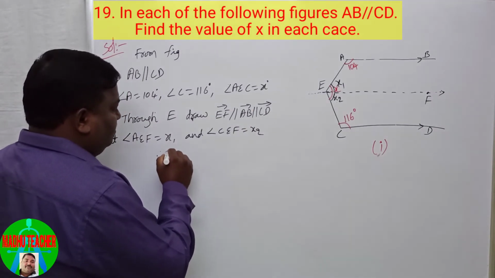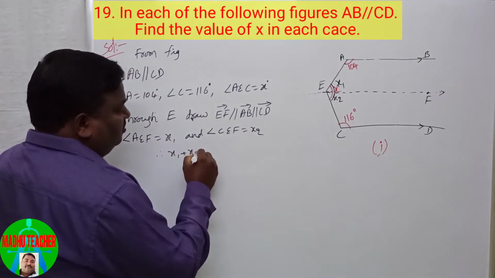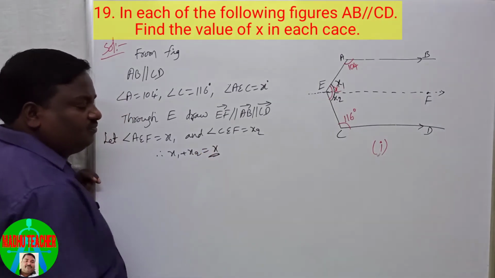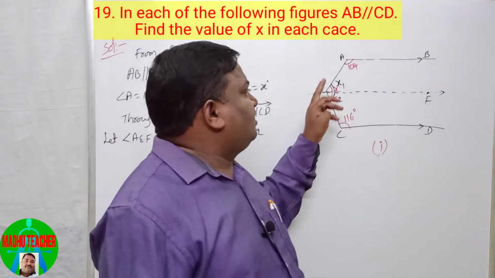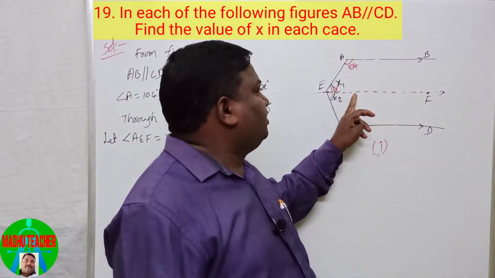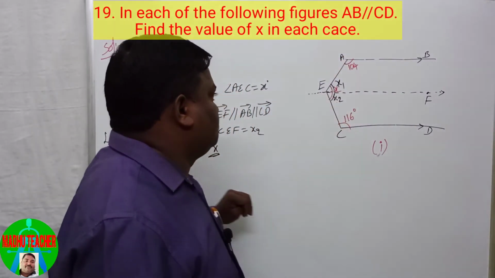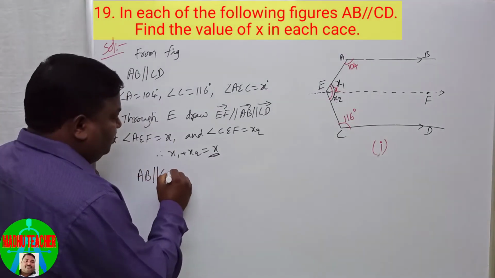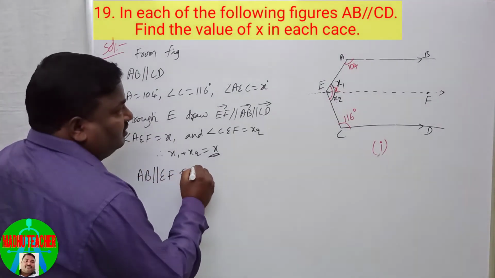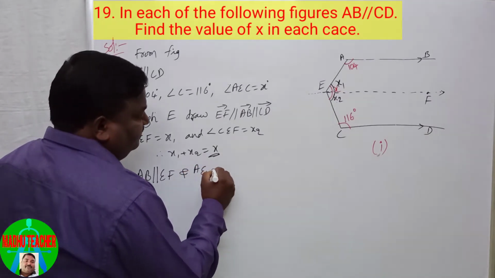So x1 plus x2 equal to x. First I am taking AB parallel to EF and AE is the transversal.